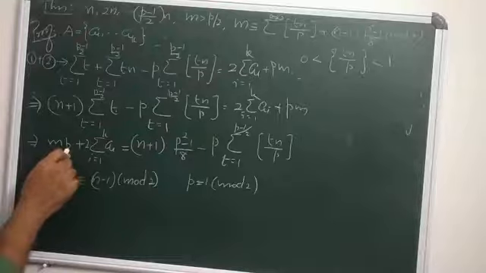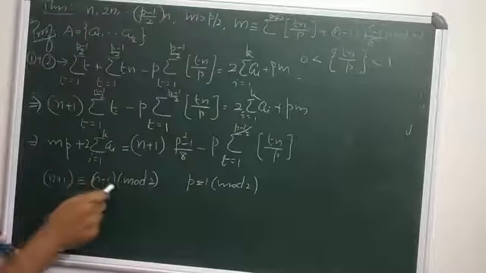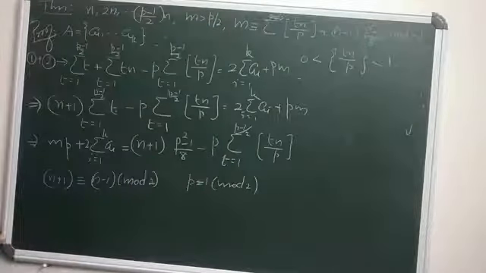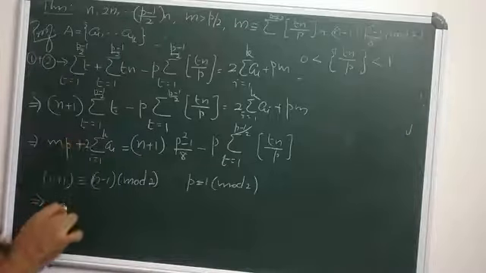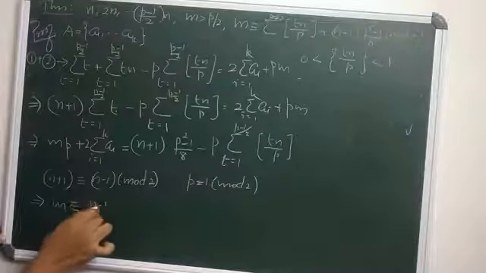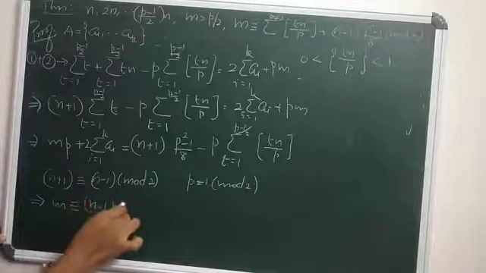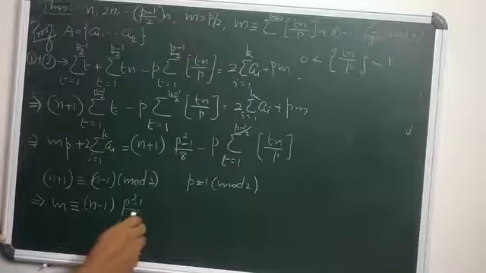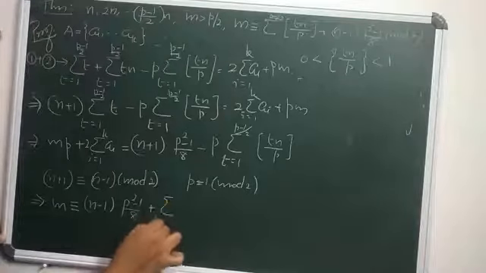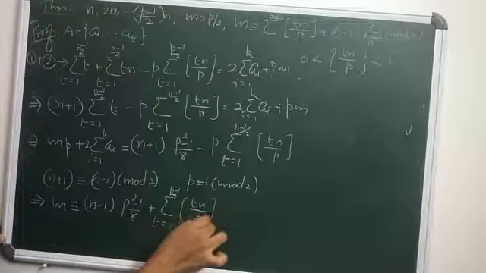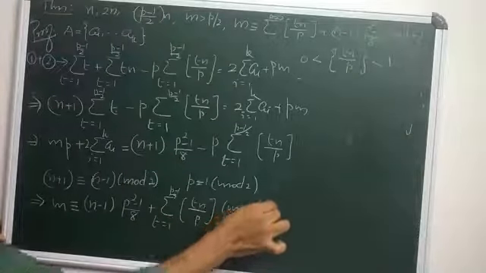Since P is congruent to 1 mod 2 and n plus 1 is congruent to n minus 1 mod 2, from here what do you get? So from here we have m congruent to (n minus 1) into (P square minus 1) by 8 plus the sum of T ranging from 1 to (P minus 1) by 2 of the integer part of T n by P, mod 2.